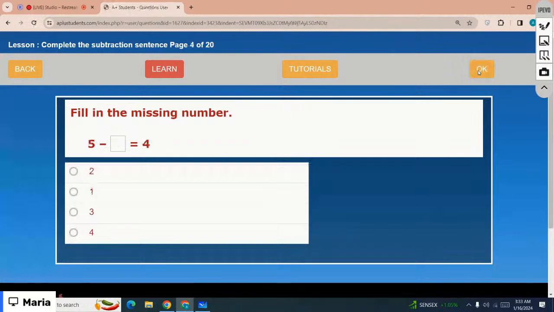Fill in the missing number. So which is the correct option? Yes, the correct option is 5 take away 1 equals 4. So the missing number is 1.